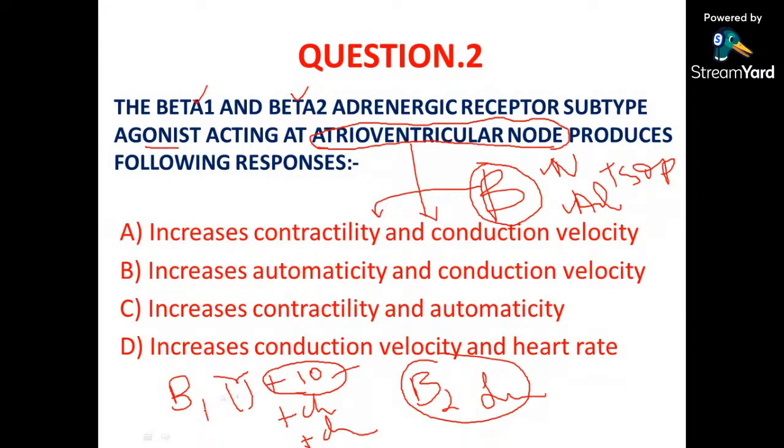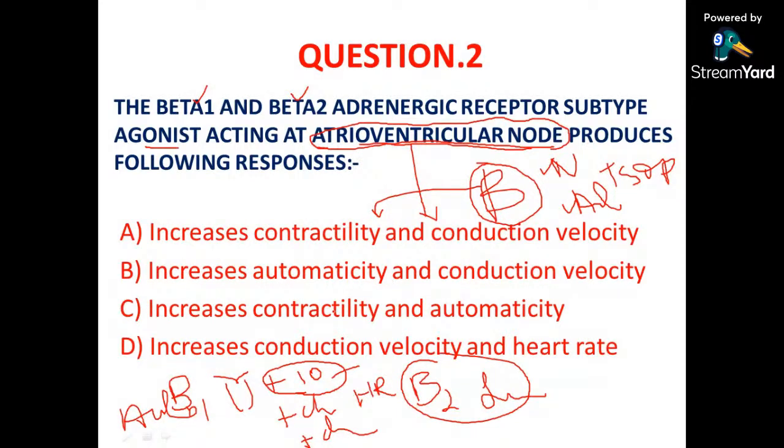So beta 1 action on the heart is increasing force of contraction. It is increasing chronotropic effect, that is, it is increasing heart rate. And it is also increasing the AV conduction velocity. Along with that, beta 1 receptors will increase automaticity of the atrioventricular node. That is important.